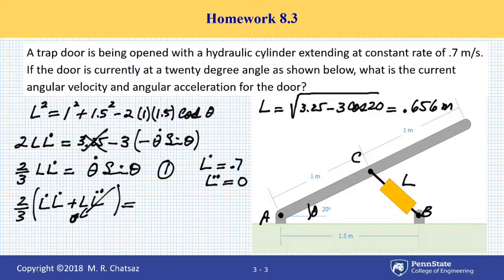And as far as the right hand side is concerned, again I have a product, so I have the derivative of first, which is theta double dot, times second, plus first times the derivative with respect to time of sine of theta, which is theta dot cosine of theta.